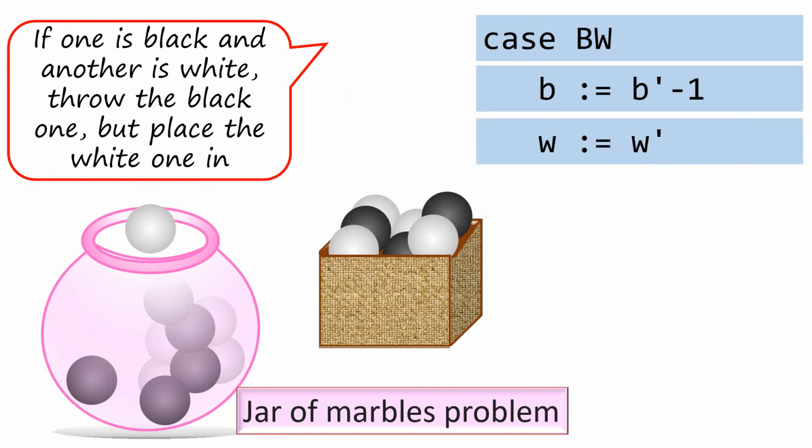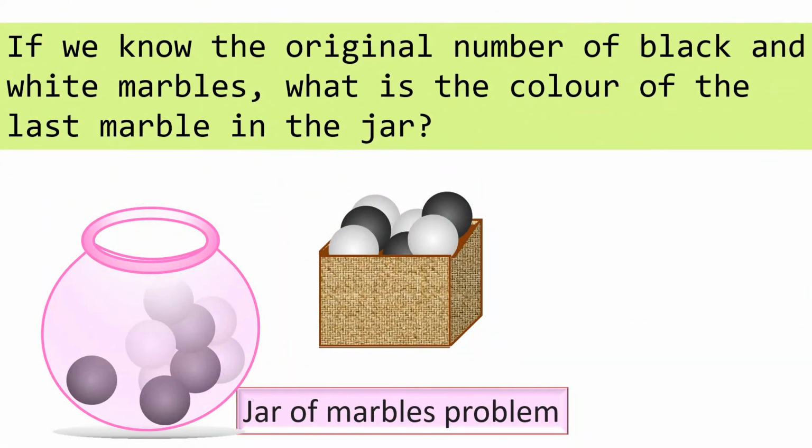And the total is equal to B' + W' - 1. If we know the original number of black and white marbles in the jar, what is the color of the last marble in the jar? So if you go on randomly picking out 2 marbles, they are asking you to find out what is the color of the last marble in the jar.